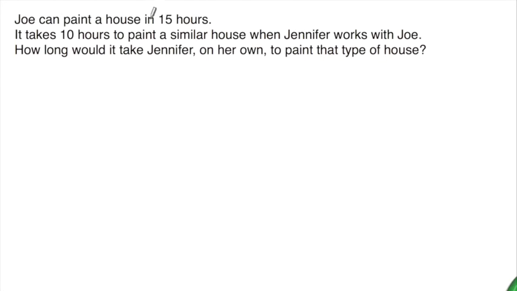We deal with the 15 hours for Joe, so here's Joe, here's Jen, and here's the job. So Joe can finish the job in 15 hours, so we'd go something over 15. We're going to add on to that Jen, and we don't know much about Jen because that's what we're looking for, and we know we're going to complete one whole job.